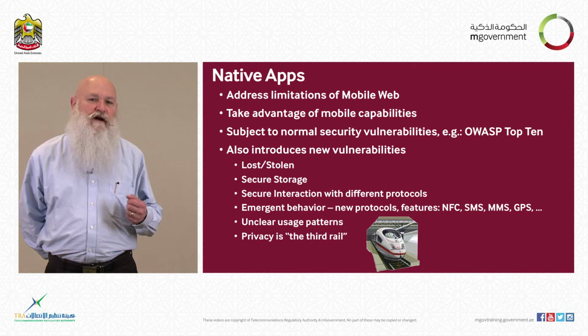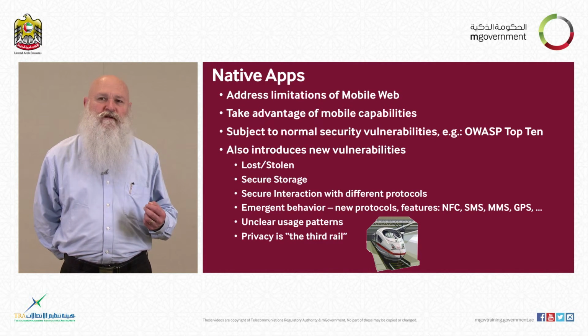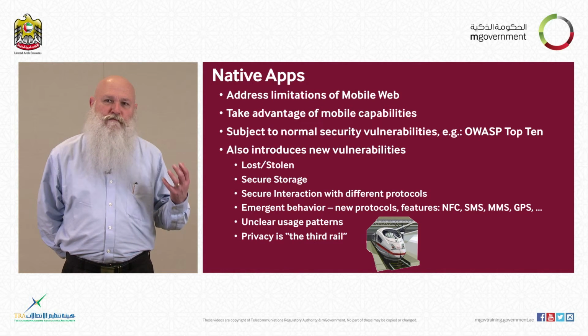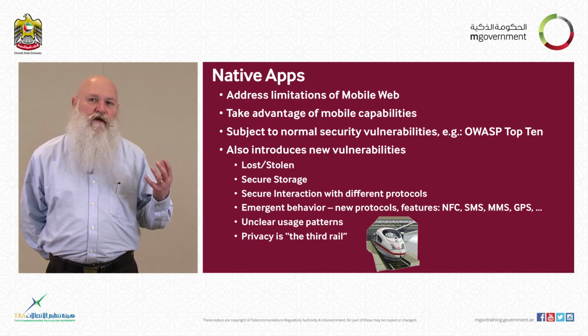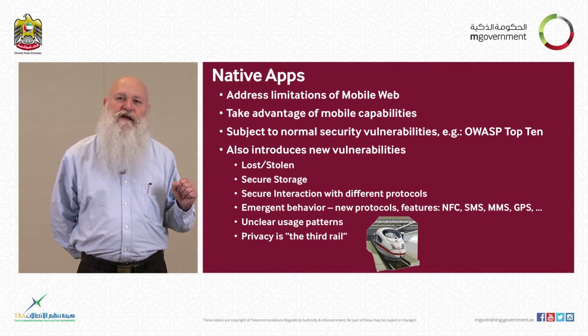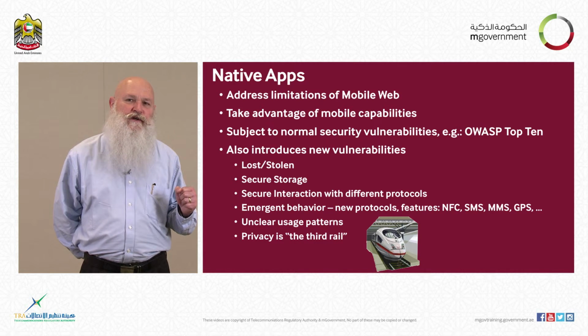Mobile devices are easily lost and stolen. They don't have secure storage, and there is emergent behavior we have to deal with. No one can predict what the new features of a handheld will be when the manufacturers introduce their new models.